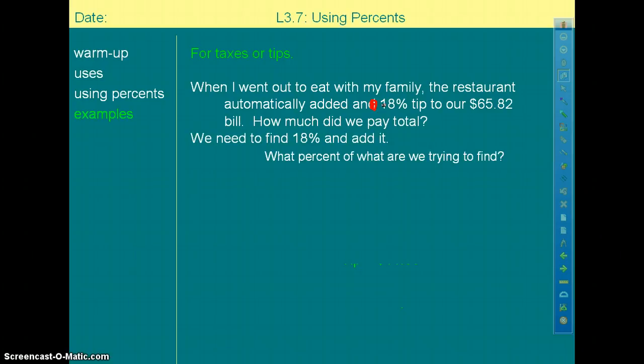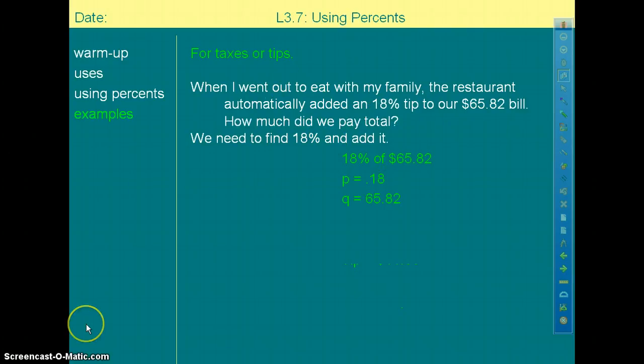So what percent of what? 18% of $65.82. We want to write out our percent as a decimal, 0.18. Define our original quantity, that's the 65.82. We would want to set up our formula. The resulting quantity, the resulting tip, would be equal to 0.18 times 65.82. We're going to find the 18% tip.